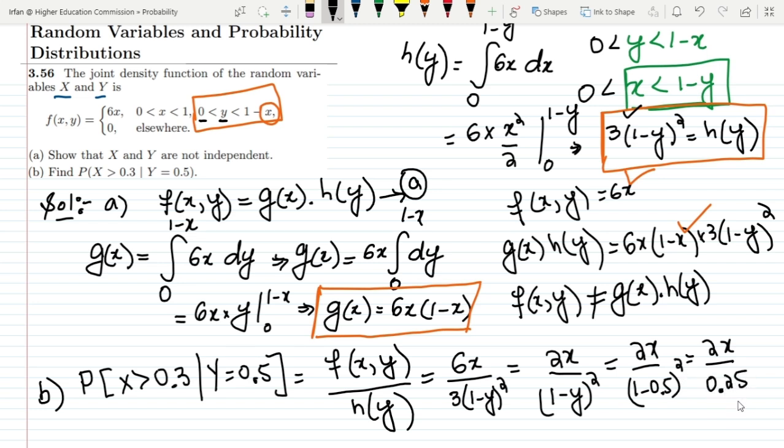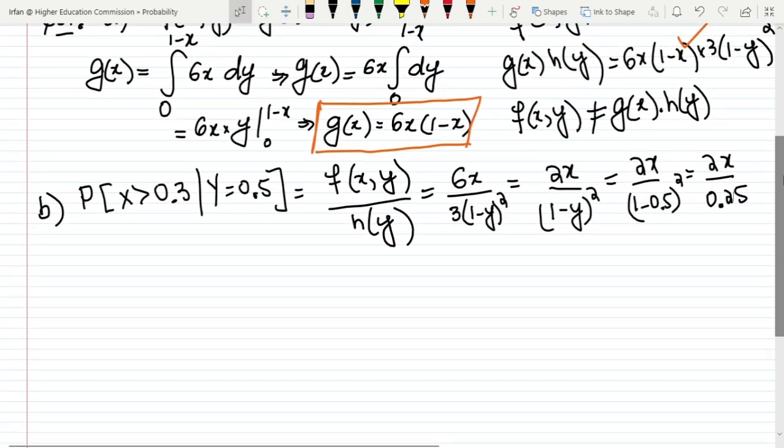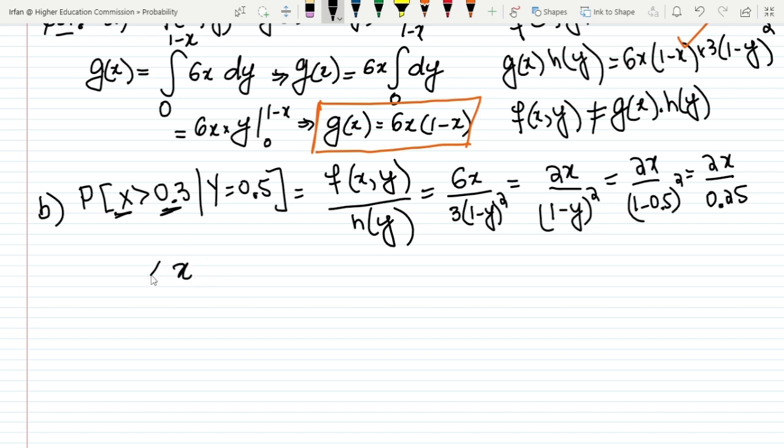Now in order to find different values for x here, we can see that when x is greater than 0.3 and the value of y is 0.5, we have previously seen that x basically ranges from 0 up to 1 minus y, okay.